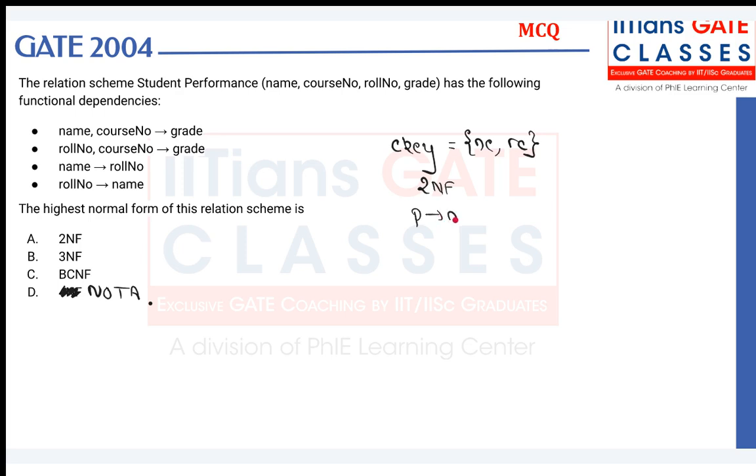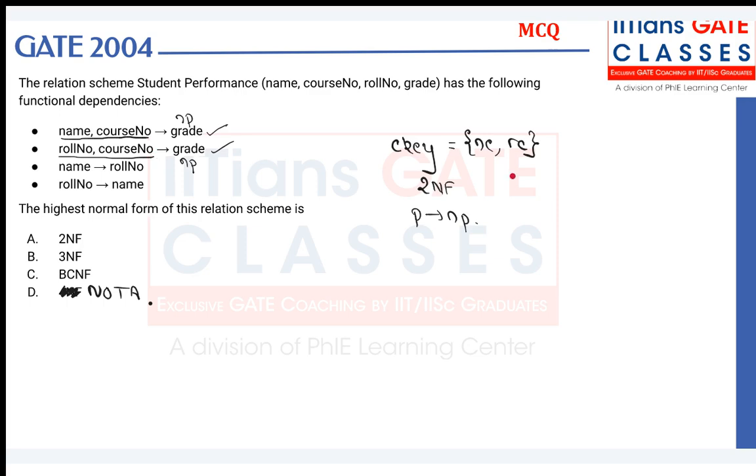If you look at the first two dependencies, they contain a non-prime attribute on the right hand side. But is the left hand side a proper subset of any candidate key? No, right? Both of them are actually the candidate keys: name, roll number, course name, course number, roll number, course number. So this is in 2NF.